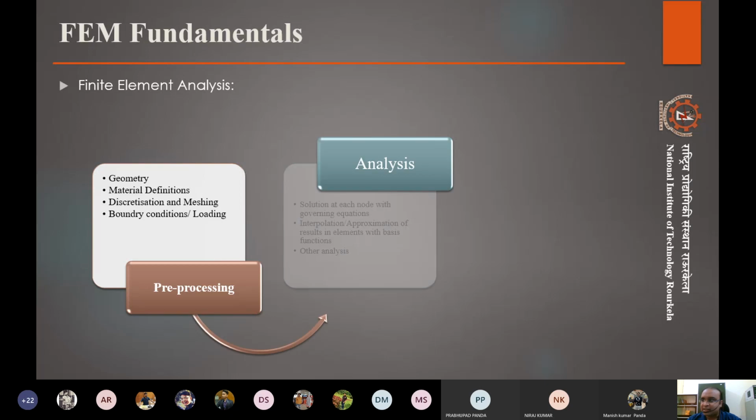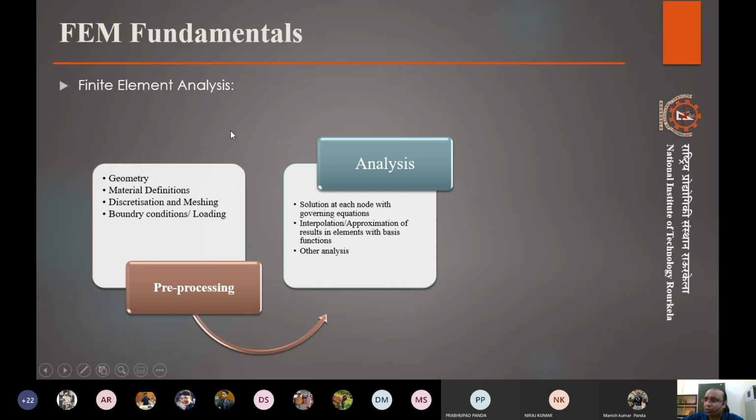Then comes the main analysis part, and that we also saw yesterday. We saw how each node gets a solution based on the governing equation. So all the calculations were based on these nodes.